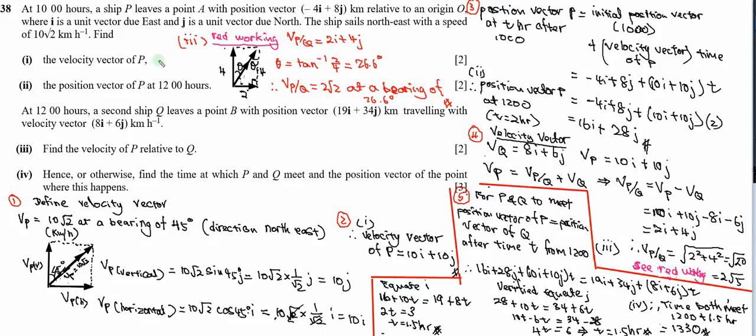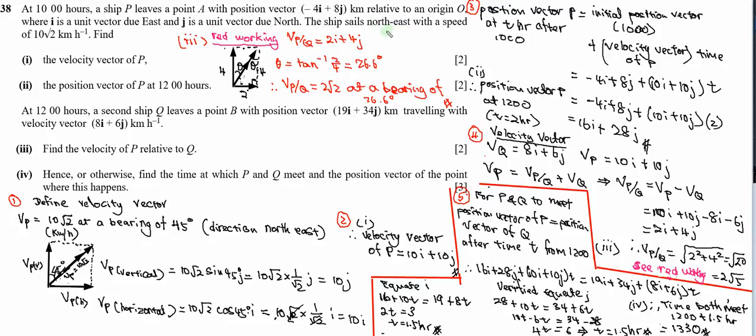Now, let's start off by defining the velocity vector. In this case, we are looking at the velocity of ship P. We state that the ship is sailing in the direction of northeast.